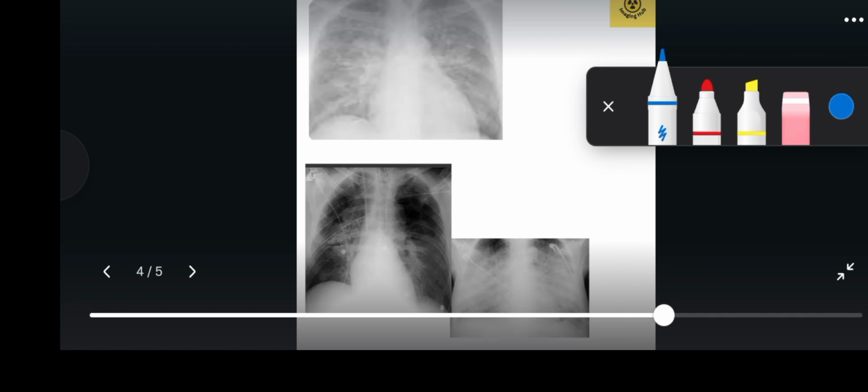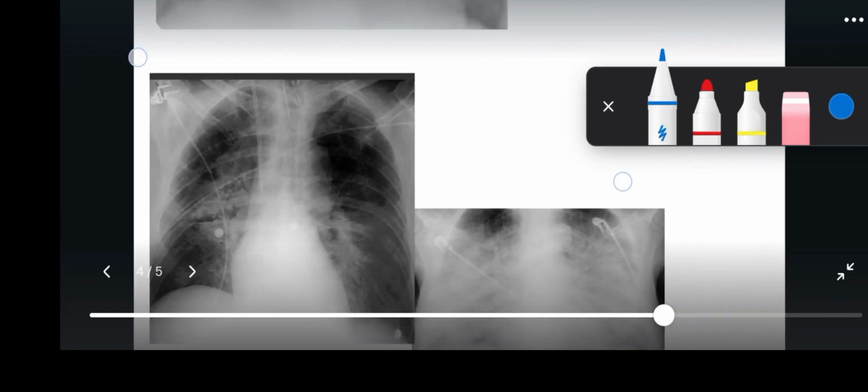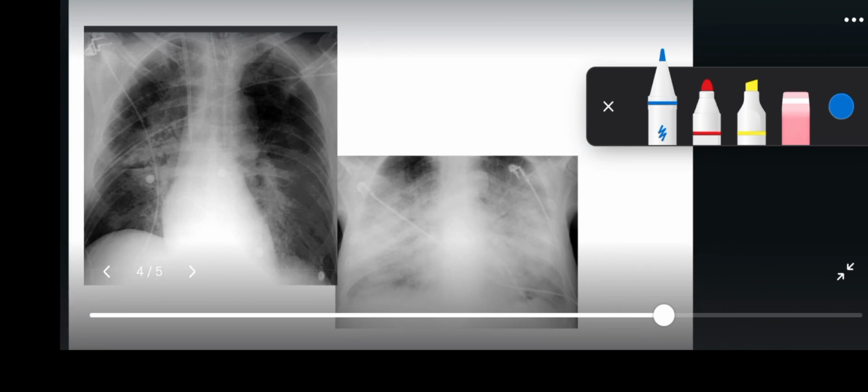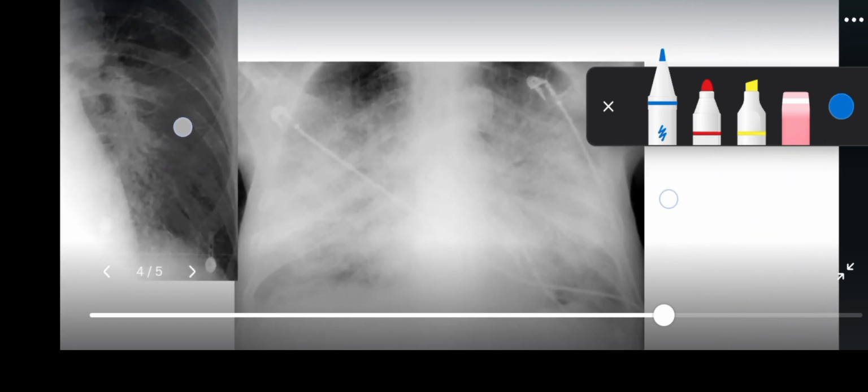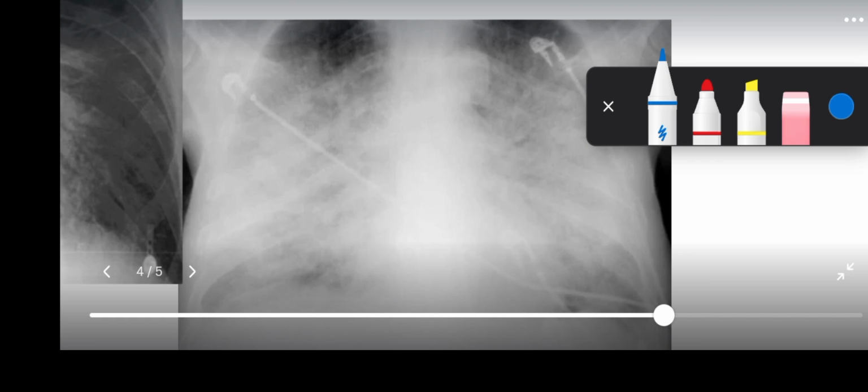The last one is air bronchogram and the confluent opacities, which is a sign of interstitial edema and alveolar edema respectively. If you look closely, you see there are small round opacities.